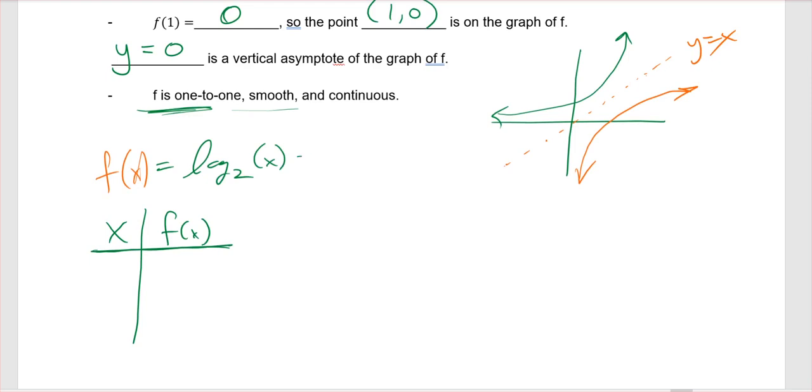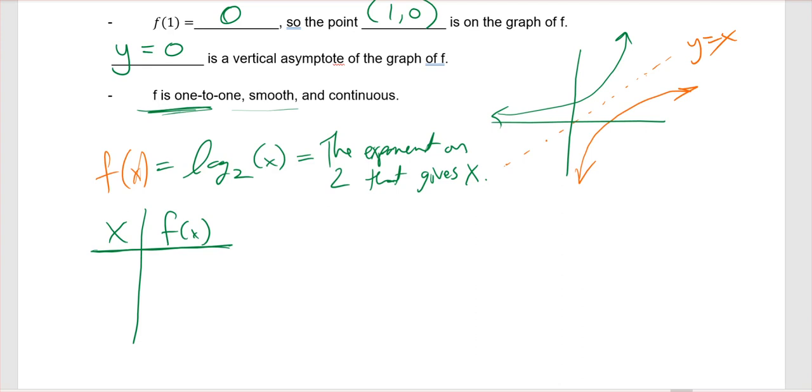We know that this is the exponent on 2 that gives us x. So any x value that we put in here, if we're going to have an easy, clean value to work with, is going to have to be a power of 2.